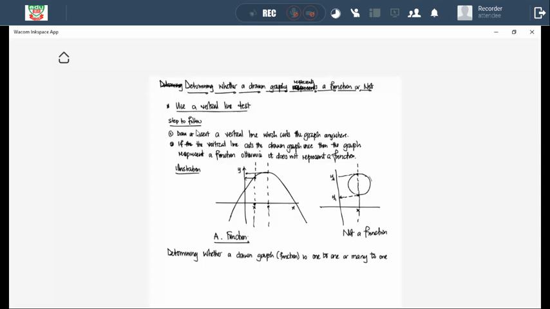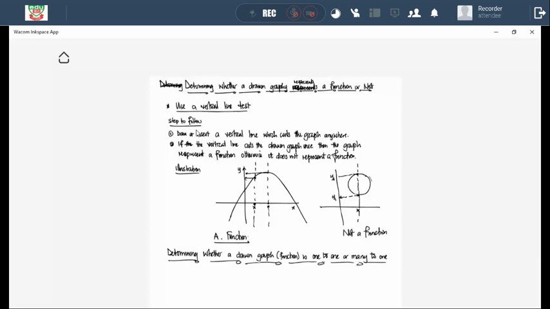Okay, determining whether a drawn function is a one-to-one or a many-to-one function. Very, very simple. I want us to look at this.